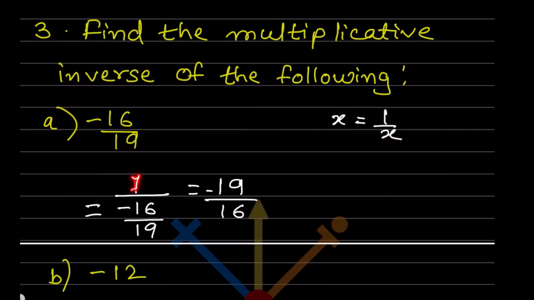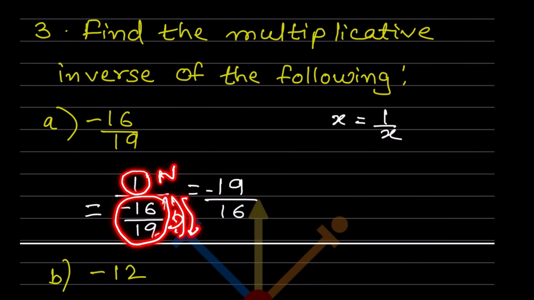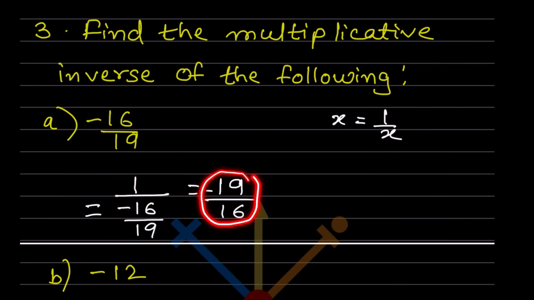So this is going to be 1 by minus 16 by 19. So now look at here. 1 is the numerator, and this whole part is the denominator. So numerator doesn't change, the denominator will get flipped over, means 19 will go in the numerator, so 1 into 19 means that is going to be 19 divided by 16, and the minus sign as it is. So the answer is minus 19 by 16.